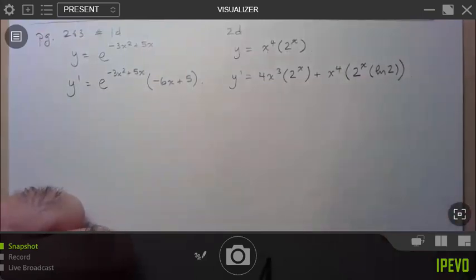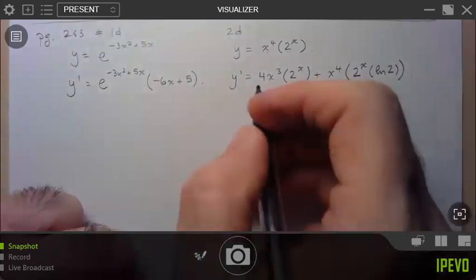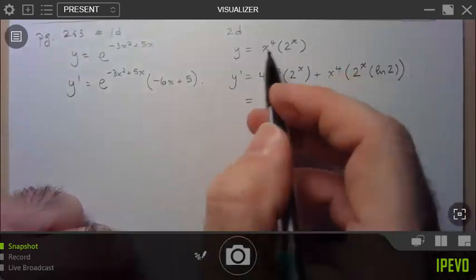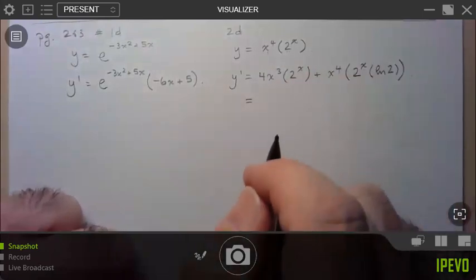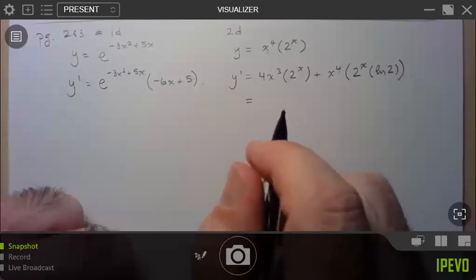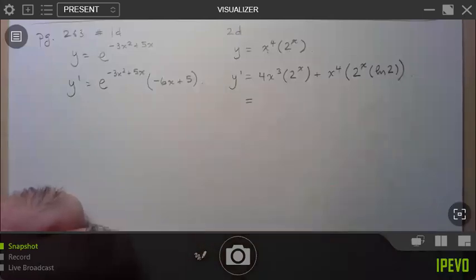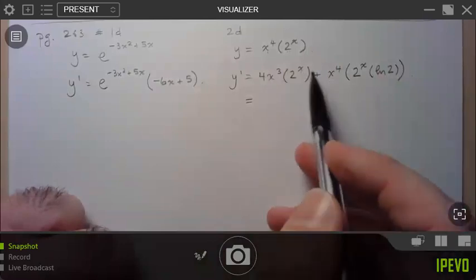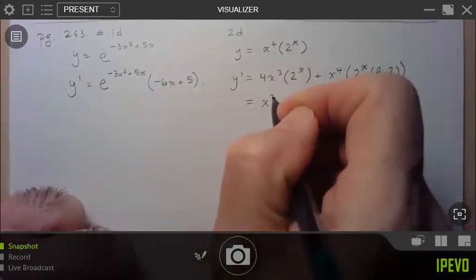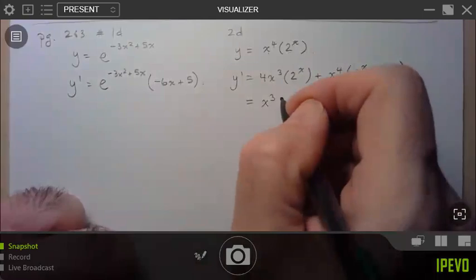Again, you could simplify this. More than likely, I'd probably say not to simplify something like this. Hopefully you recognize certain tricks like this one that we use to simplify. In this case, I just look for common factors. It's really nothing too fancy. They both share 3 factors of x, and they share a factor of 2 to the x.